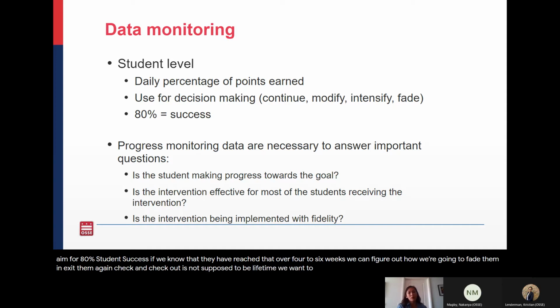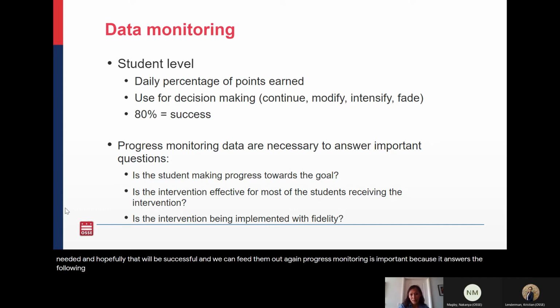We want to make sure that they're getting the support they need, and hopefully that will be successful and we can fade them out. Again, progress monitoring is important because it answers the following questions. Is the student making progress towards the goal? Is the intervention effective for most of the students receiving the intervention? And is the intervention being implemented with fidelity?